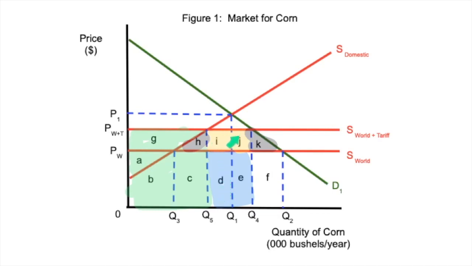I and J represent government revenue as a result of the tariff. H is a misallocation of resources or welfare loss because these people should have been out of business, but they're in business as a result of the tariff. And K is also welfare loss as a result of the fact that before the government intervention, we were operating out here at Q2, but as a result of the tariff, the price rose, and all of this is lost, okay? And F was former world revenue, but it's gone now, okay?